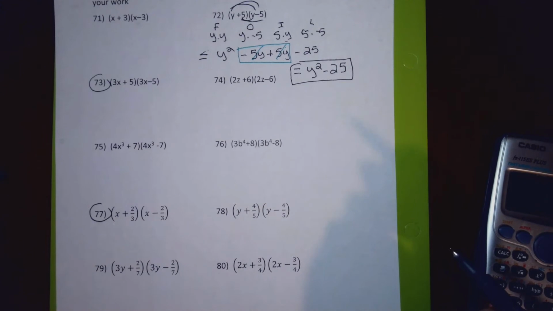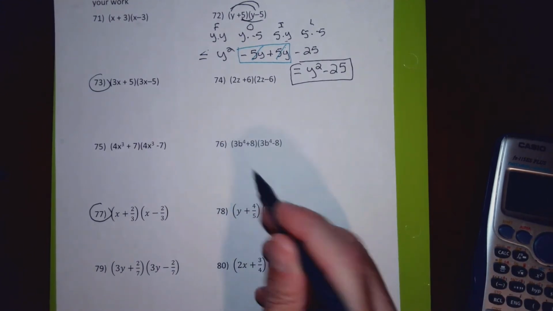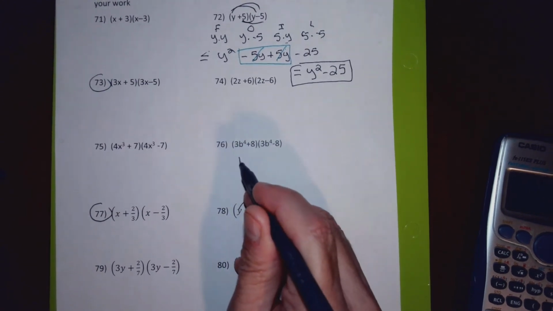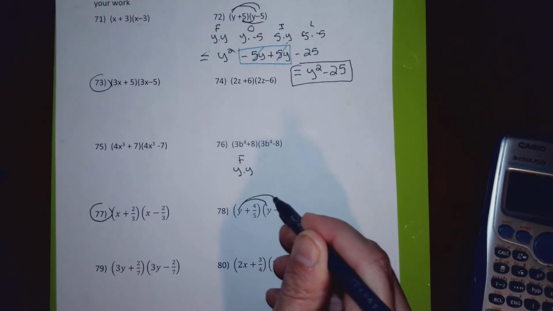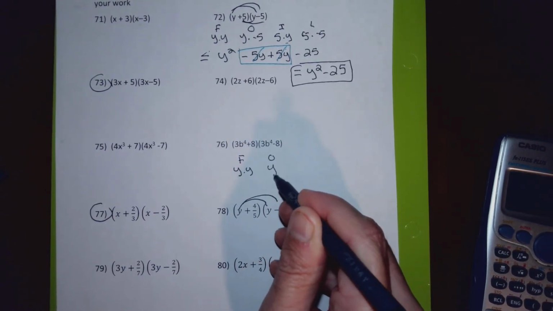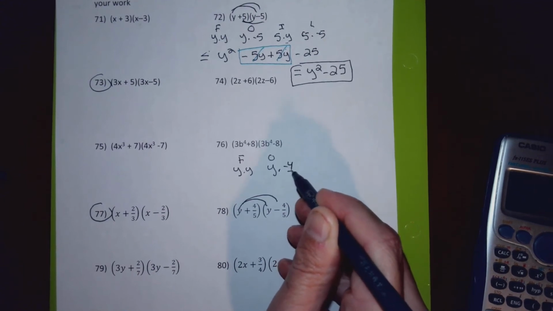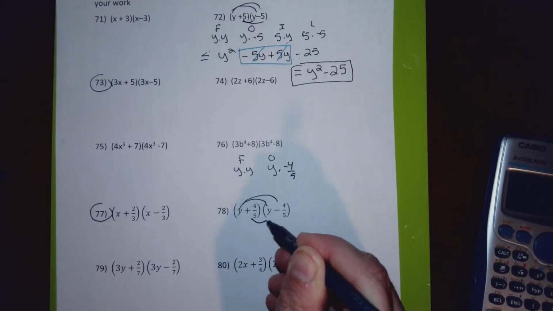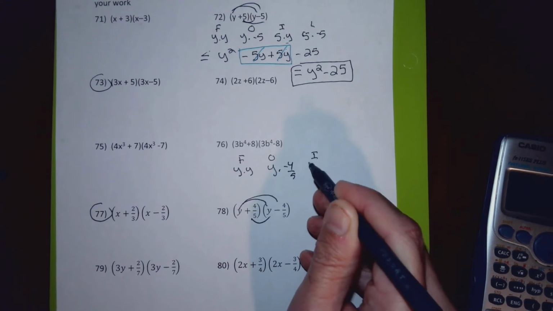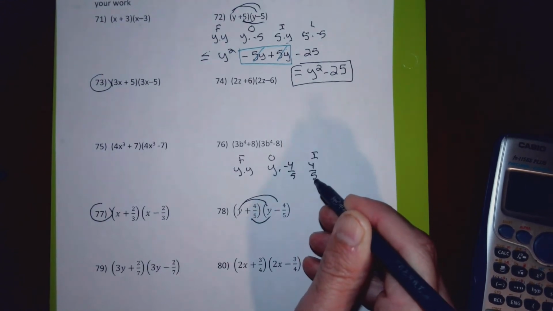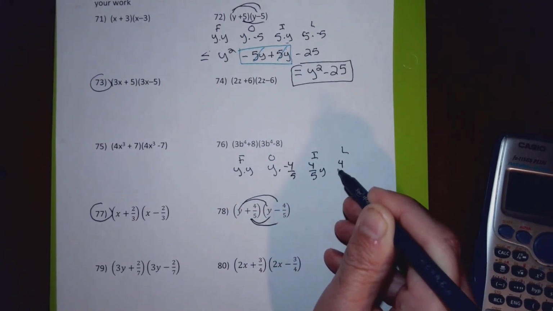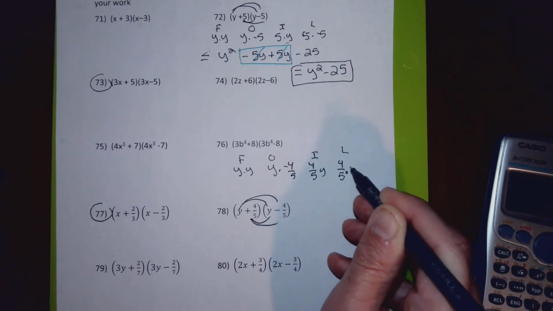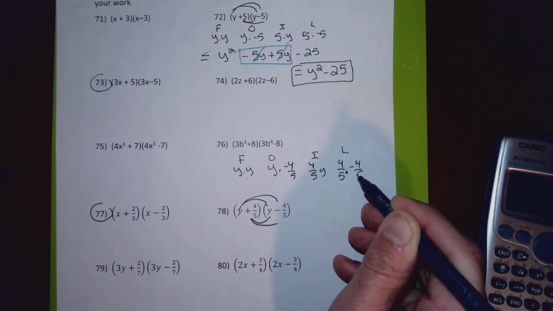I'll do 78 full-fledged, and then after this I'm going to start skipping. So for 78, I'm going to do it up here. I'm going to multiply the firsts of y times y, the outers of y times negative 4/5, the inners of 4/5 times y, and the lasts of 4/5 times negative 4/5, just using those terms because you might hear them frequently in a higher class.